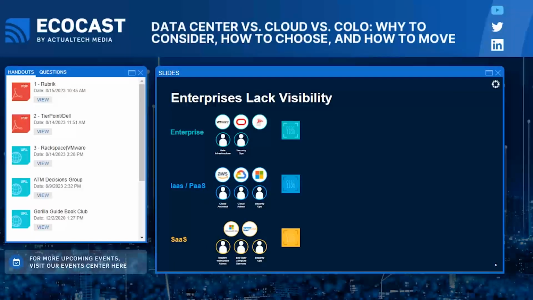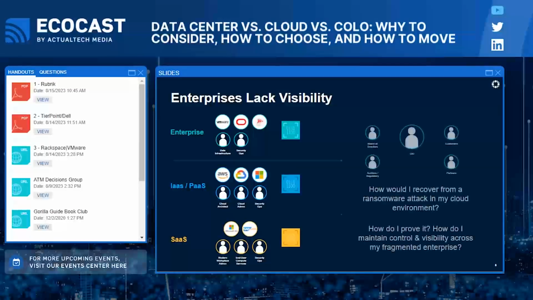Or in SaaS, you might have your modern workplace admins or your end user compute folks. These folks all need to ensure that the data itself is there and protected and available. And bridging the gap across these teams is not necessarily an easy thing. So that's really what Rubrik has set out to resolve.